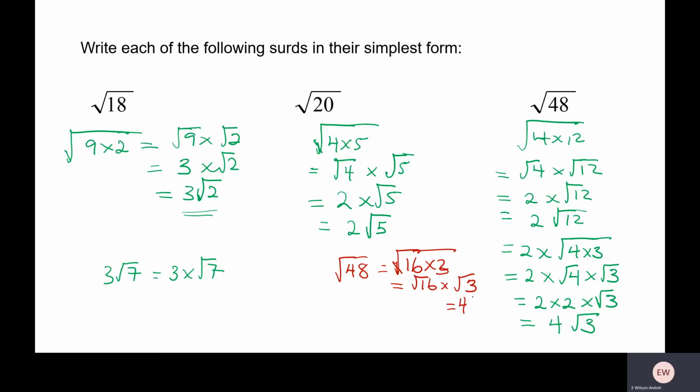So 4 times root 3 will give us 4 root 3, which is the same answer that we got here. So if you cannot think of the highest square number that can divide the number in the square root, then you can do it step by step as I have done on the screen here.